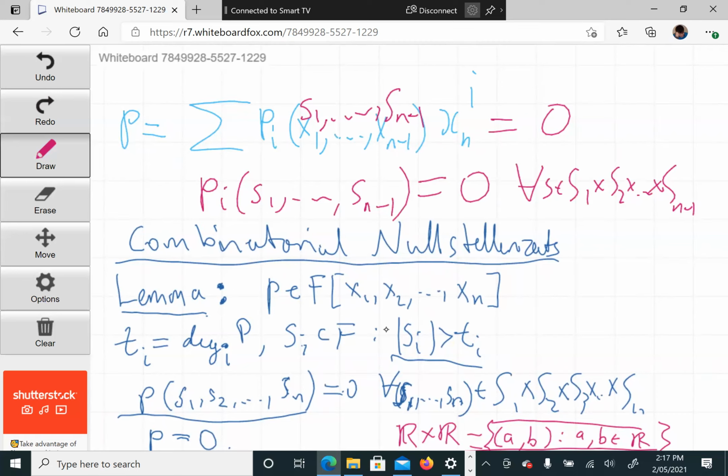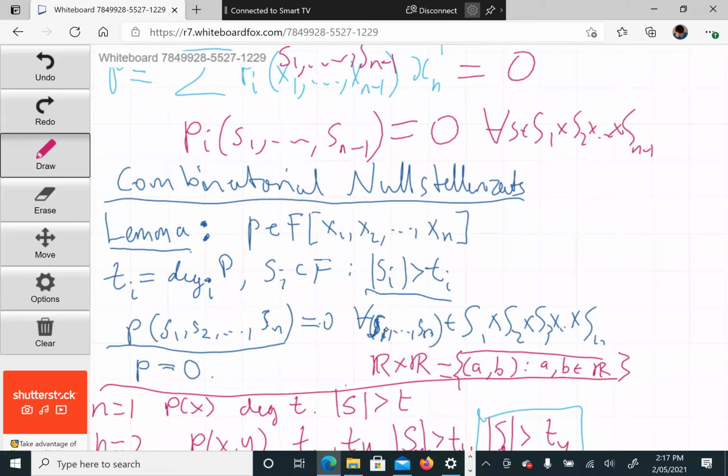That means this is 0 for all of those, which means by the hypothesis that it's actually just 0. So everything's just 0 anyway, because if all the coefficients are 0 polynomials, then they'd be 0 even if you didn't sub in the s's.